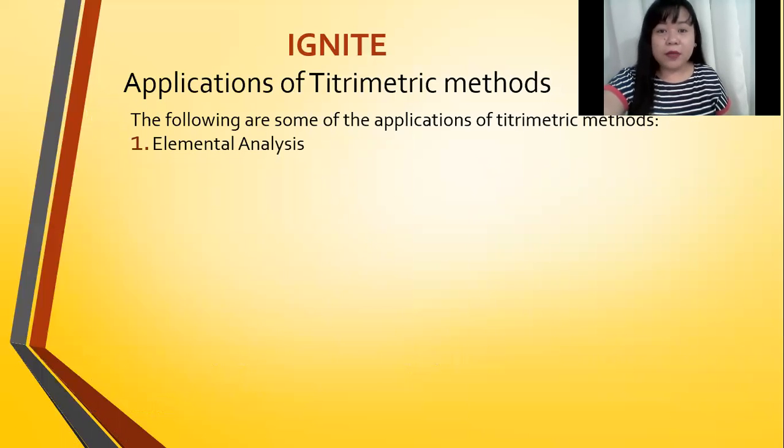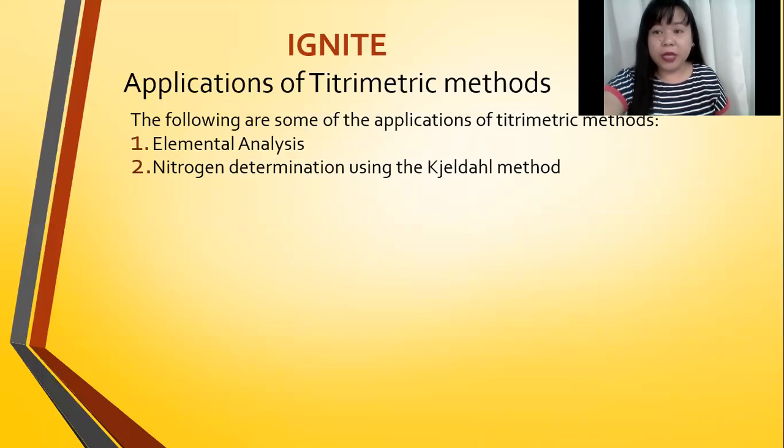So moving on to the applications of titrametric methods. Here are some of the applications. First, elemental analysis. That's when we analyze or determine the concentration or amount of an element in a sample.